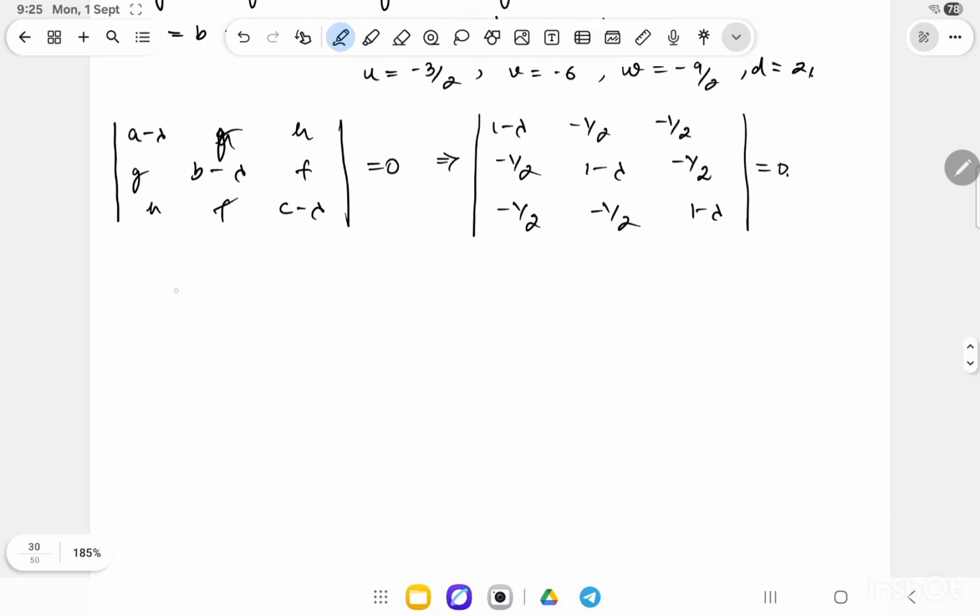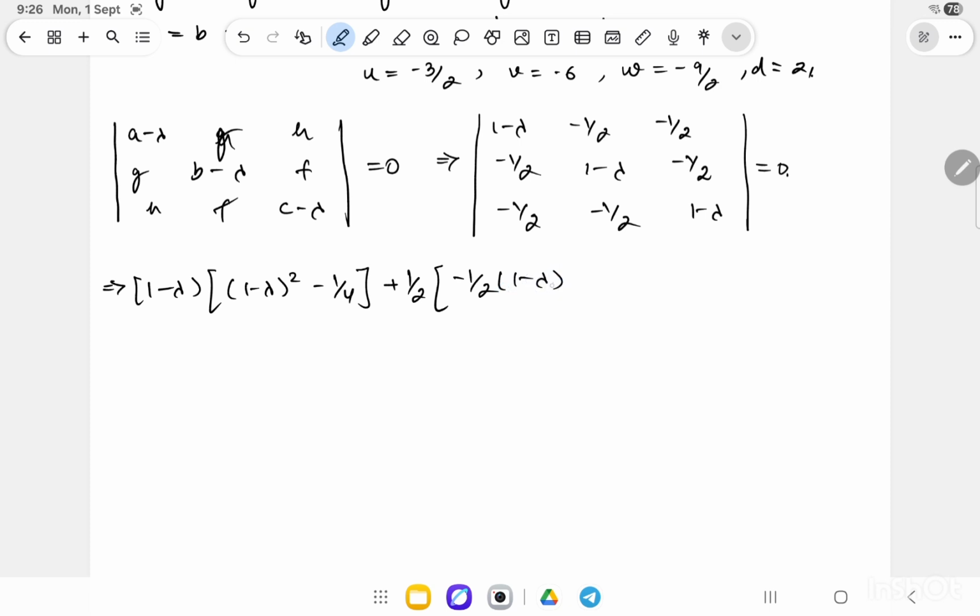Solving it, I get 1 minus lambda into 1 minus lambda whole square minus 1 by 4, plus 1 by 2 into minus 1 by 2 into 1 minus lambda minus 1 by 4, minus 1 by 2 into 1 by 4 plus 1 by 2 into 1 minus lambda equals 0.